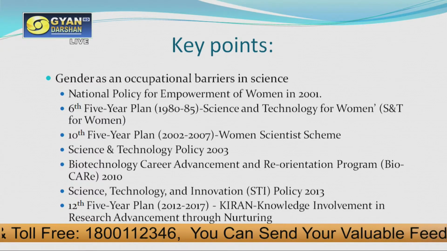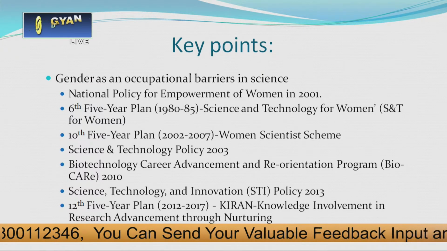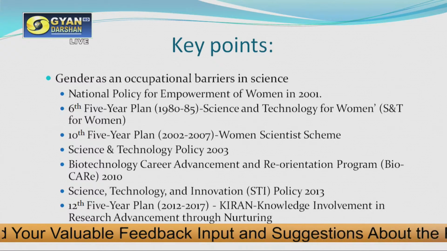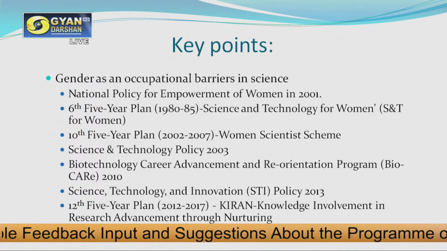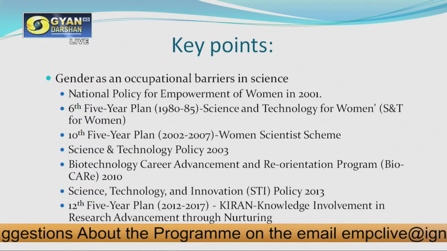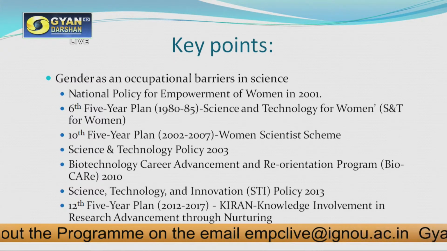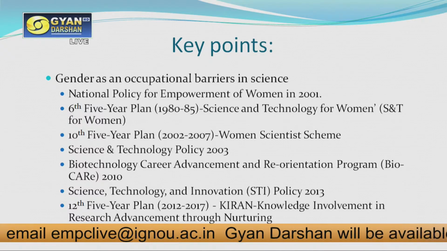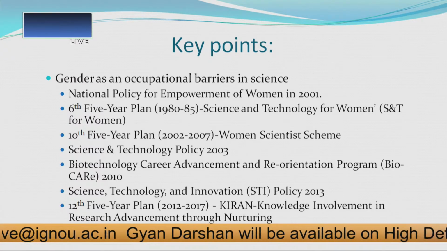Some of the key policies are there in the PPT. The National Policy for Empowerment of Women in 2001. Then, from the 6th 5-year plan, the S&T policy for women was designed, and in the 10th 5-year plan, in the year 2002, the Women Scientist Scheme was designed.